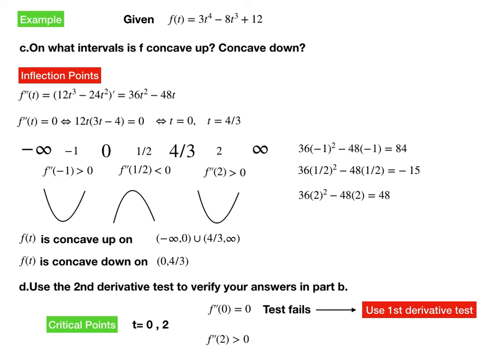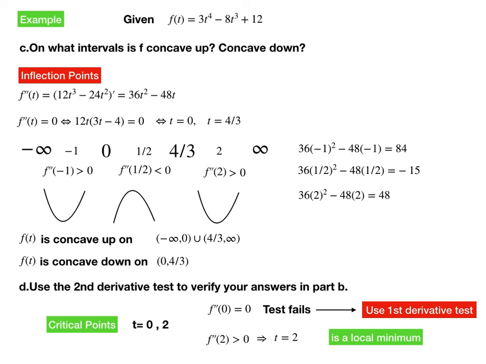How about when t equals 2? You plug 2 into the second derivative function, you get a positive value, which means at t equals 2 you have a local minimum. Because 2 is in the concave up interval, since the second derivative is positive.